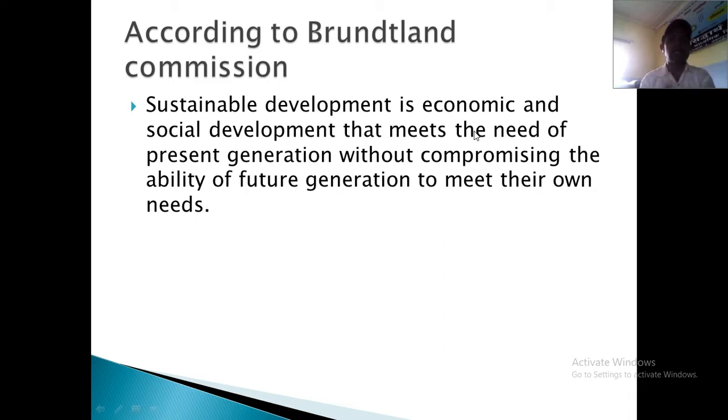It means, according to the Brundtland Commission, sustainable development means fulfilling all the needs of the present population from nature, but we should be clear that nature and resources should be preserved to fulfill the needs of future generations. There should not be any compromise, depletion or hampering. They should not have any trouble fulfilling their needs.